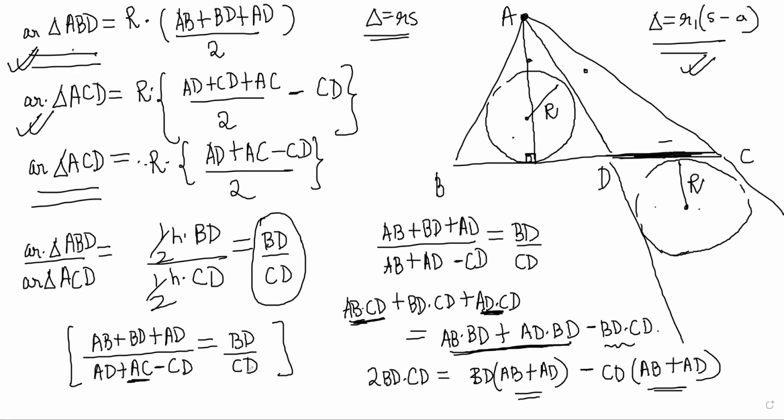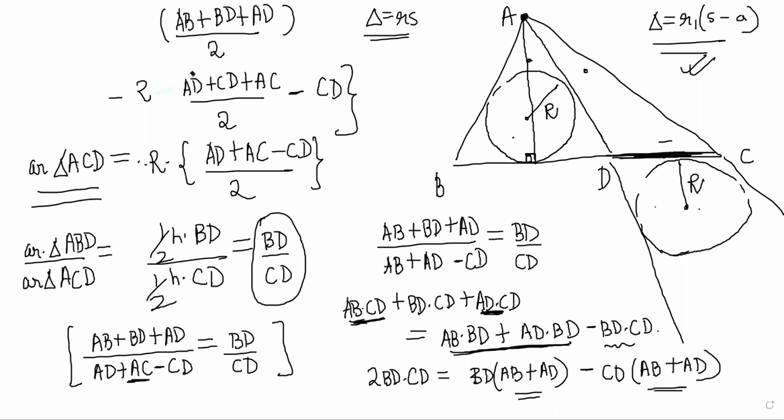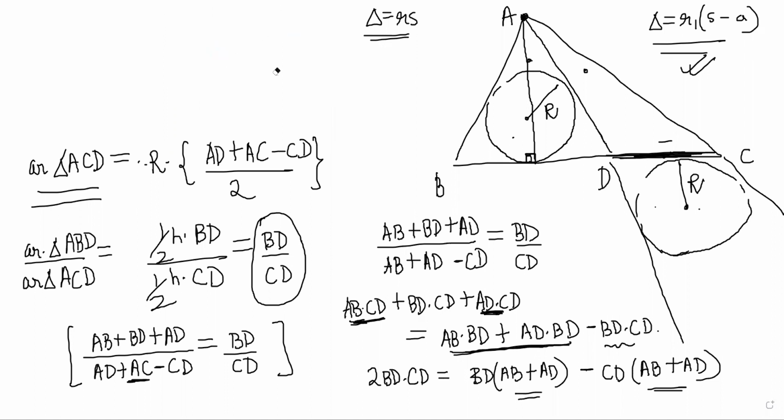I will just write it on top here. You end up with the relation 2 times BD into CD is equal to (AB plus AD) multiplied by (BD minus CD), right?